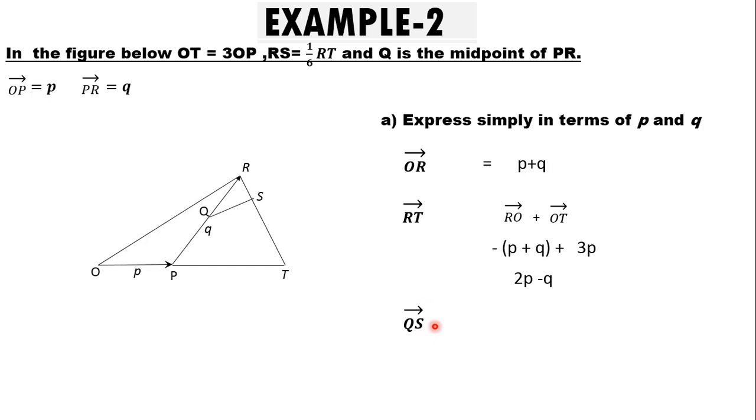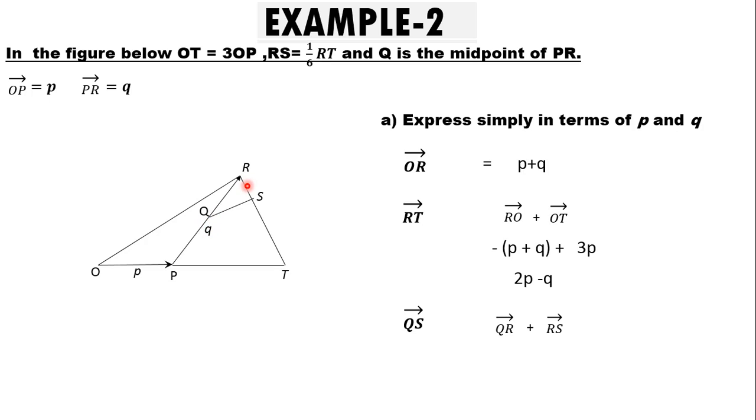Now let us consider the last part, which is QS. QS starts from Q and ends at S, but we know that Q is the midpoint of PR as given in the question. Now QS is the combination of two vectors, QR and RS. So I can write QS as QR plus RS. What is the value of PQ? It is half of PR, and PR is Q, so PQ is going to be Q by 2.